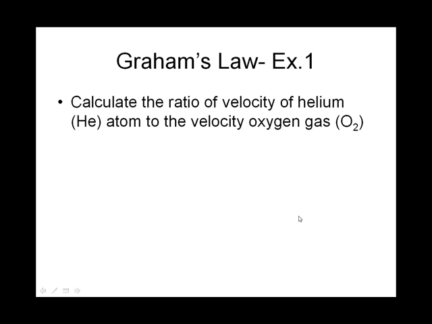So let's do an example just to understand what that formula was all about. It says calculate the ratio of the velocity of a helium atom to the velocity of oxygen gas. So let's take, for instance, helium gas here and oxygen gas, and I'm going to draw oxygen gas as two circles, going through this pinhole into the other side.